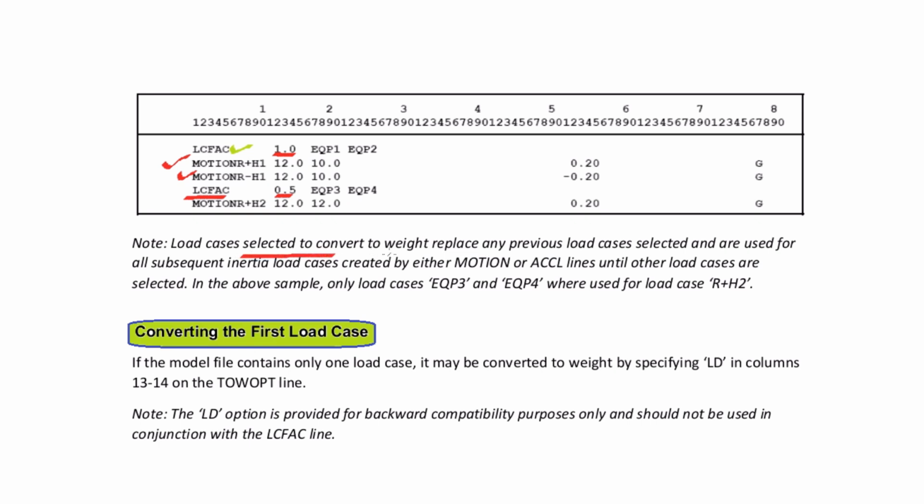Note, load cases selected to convert to weight replace any previous load cases selected and are used for all subsequent inertial load cases created either by motion or acceleration until other load cases are selected. In the above example, only load cases EQP3 and EQP4 were used for load case R plus H2.